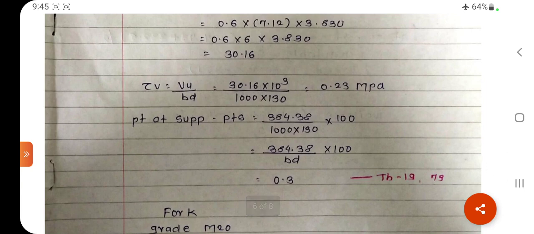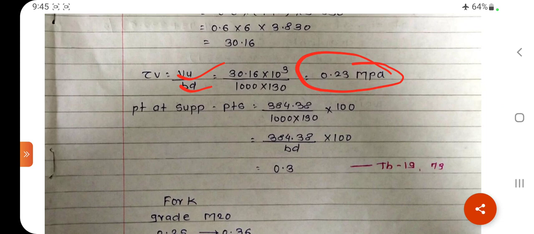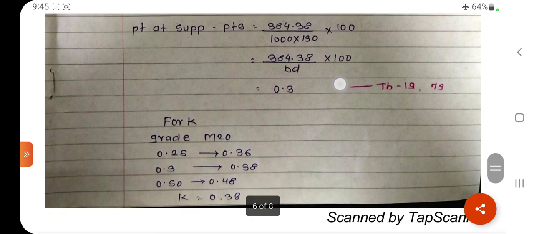Then we calculate the tau V. Tau V is equal to Vu divided by bd, which is equal to 0.23 MPa. Now Pt at the support is equal to 384.83 upon 1000 by b into d, so into 100. So from this we get Pt at the support is 0.3%.